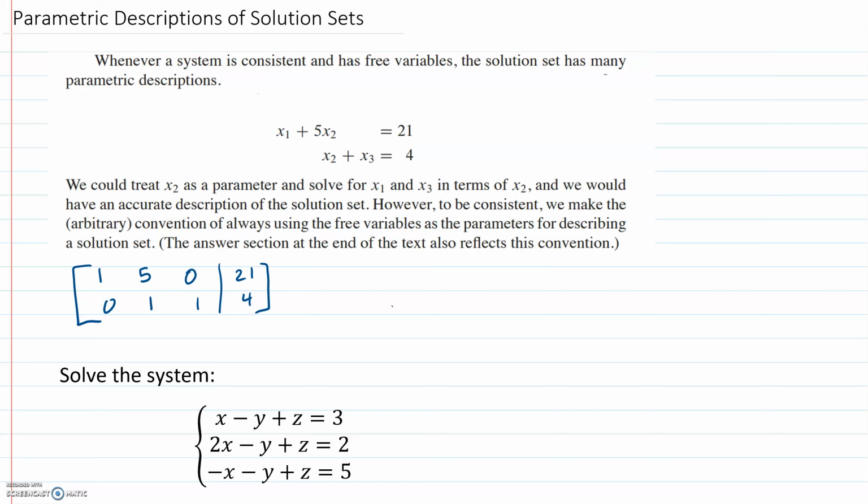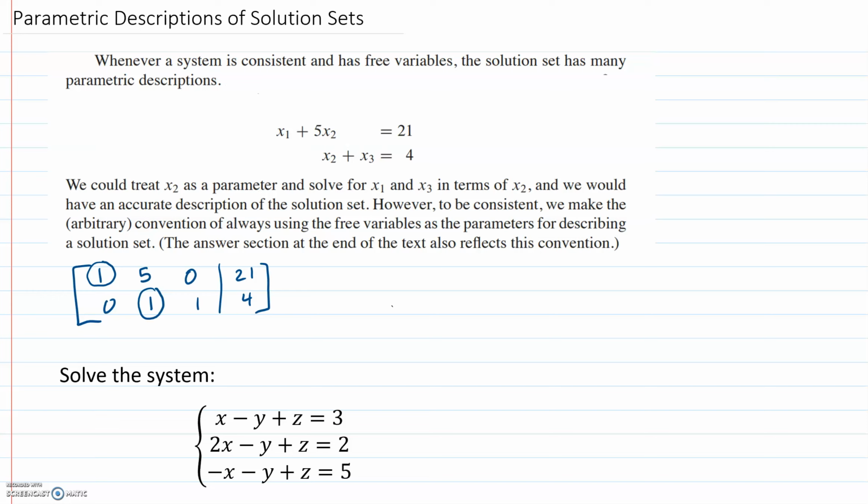It's in echelon form because here is our first nonzero entry in our first row, and here is our first nonzero entry in our second row, which is, by the way, to the right of the first row. And there is a 0 below each of these pivots.